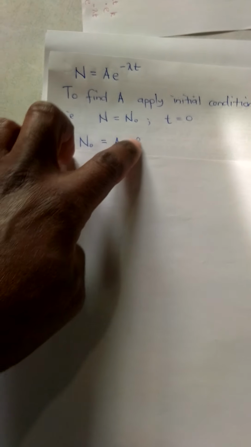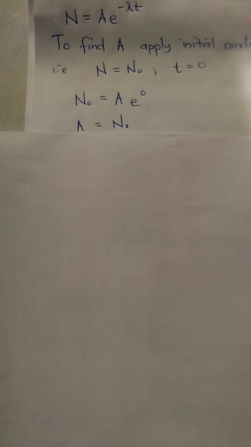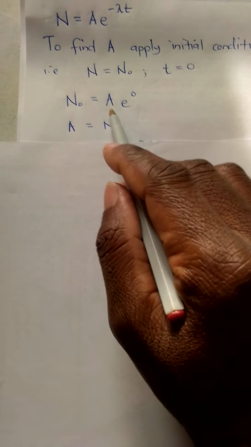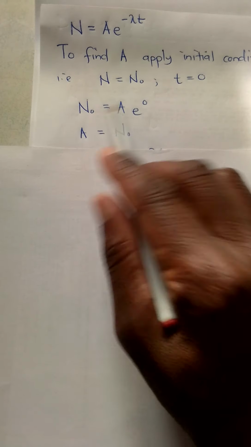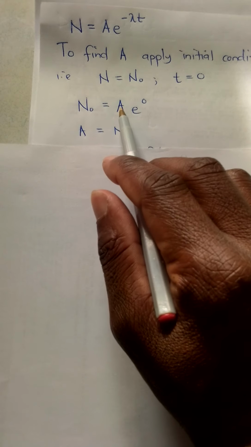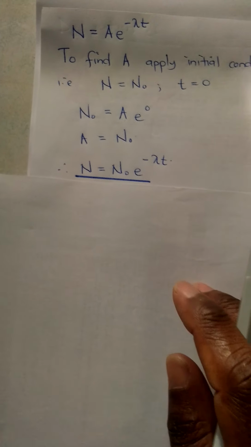Since e to the power 0 is 1, a equals N naught. This is how we get it.